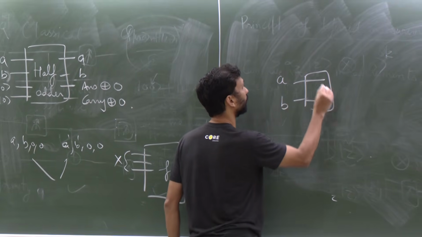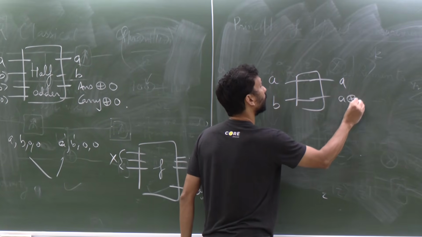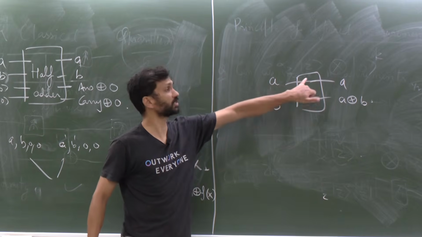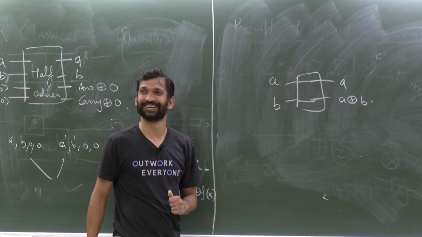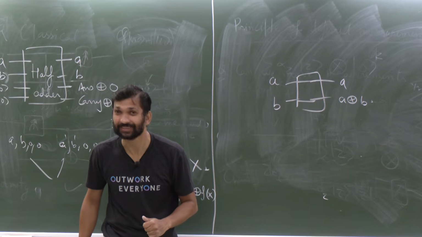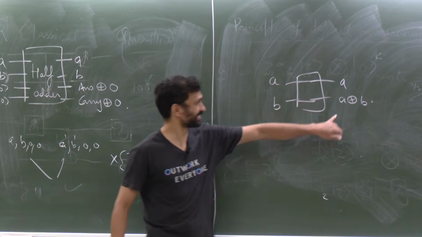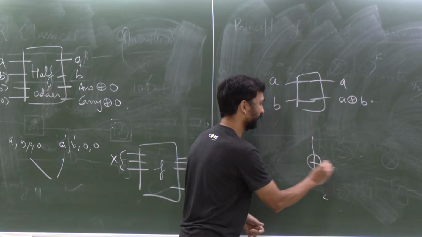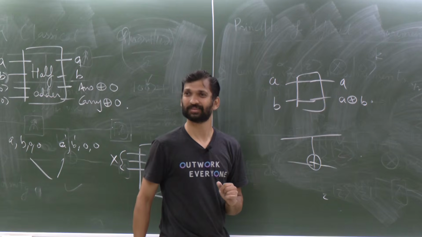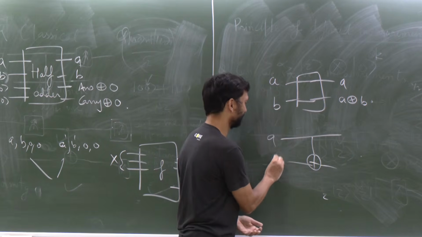What is this square? C0. This is exactly C0. This is the reason why you write a plus here. You can check that.